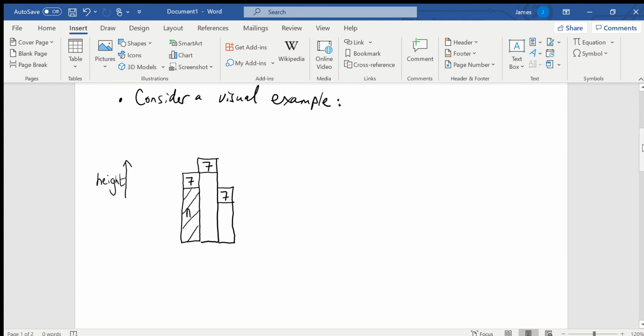This is a different value, so let's call it n prime, where the prime just indicates it's a different numerical value. And this is different again, so let's call this n double prime. Again, just a different allowed numerical value.